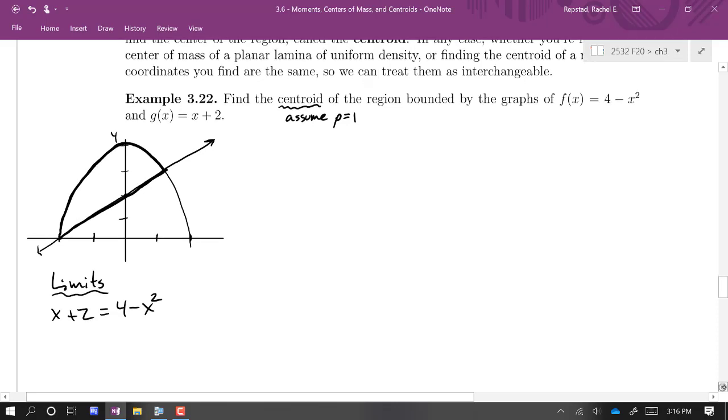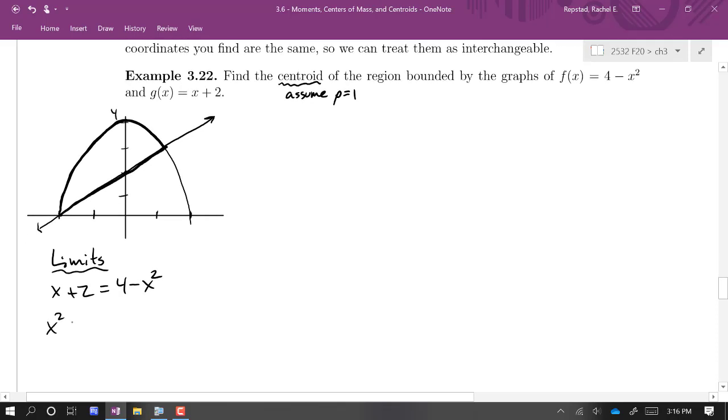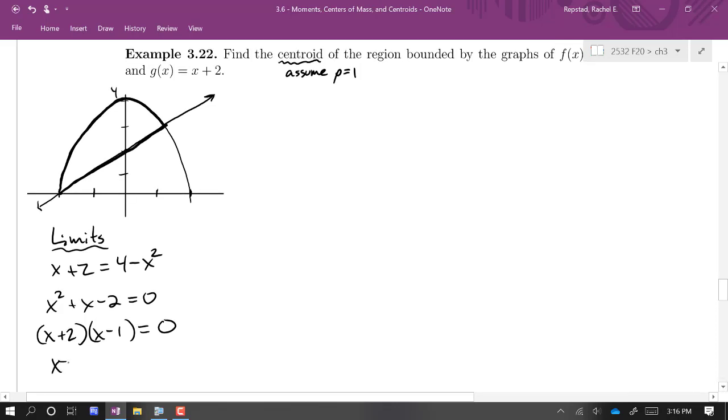If I gather everything on the left, we'll have x squared plus x minus 2 equals 0, and this will factor as x plus 2 times x minus 1, so that gives us x equals minus 2 or x equals positive 1. The minus 2 seemed pretty clear looking at the figure, and then x equals 1 is up here.